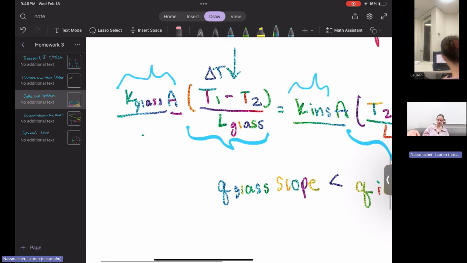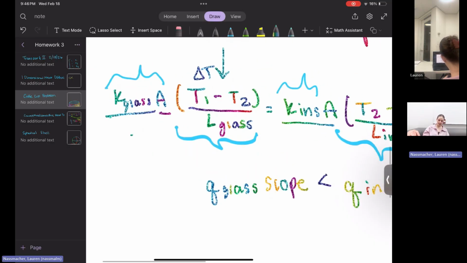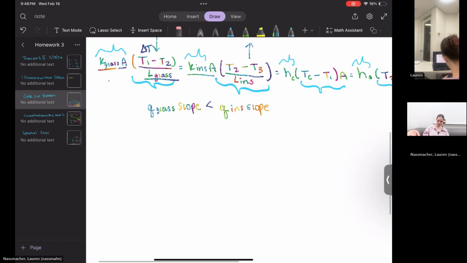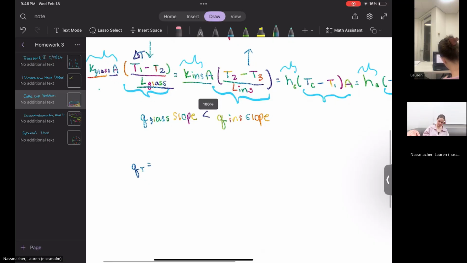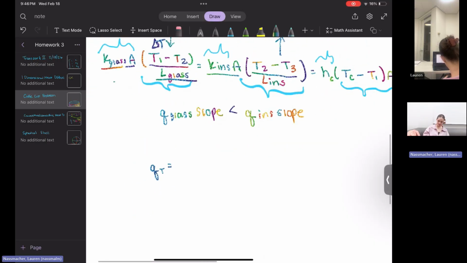As you see, we have our thermal conductivity, our length. Let me underline this: our thermal conductivity, our area, our length, and our change in temperature right here. And we can use this to find the total heat flow, which would be our change in temperature divided by our length divided by our thermal conductivity multiplied by our area.